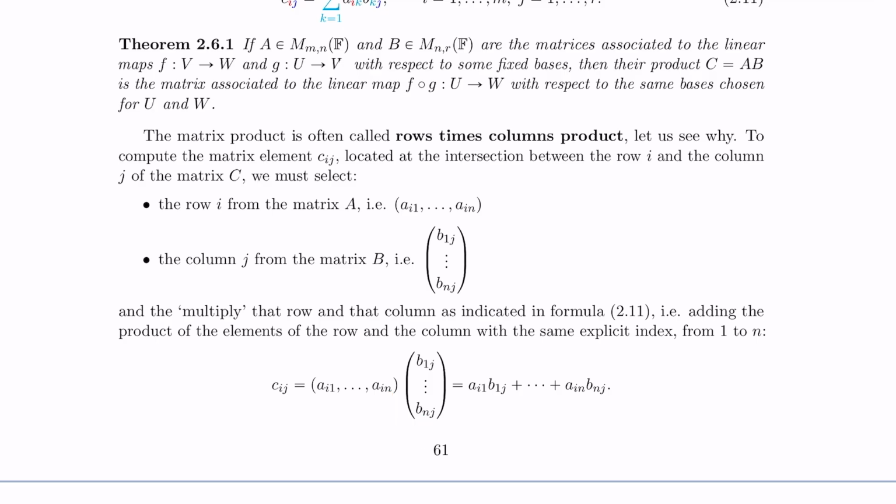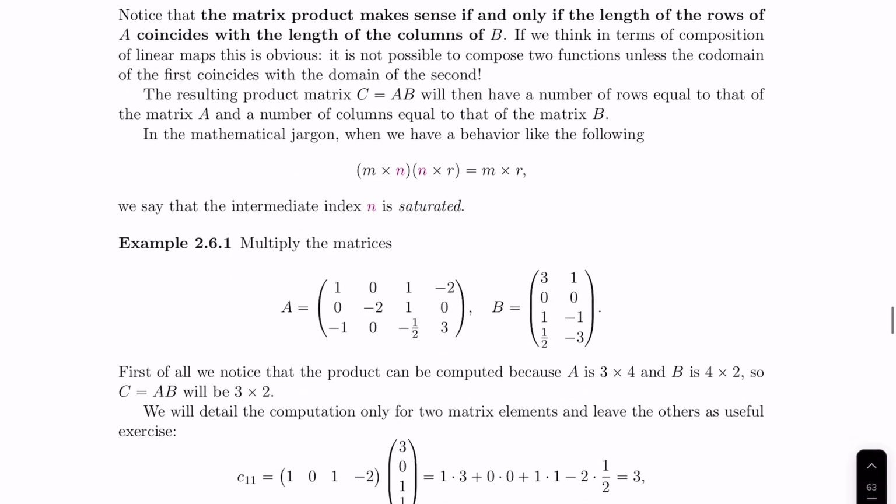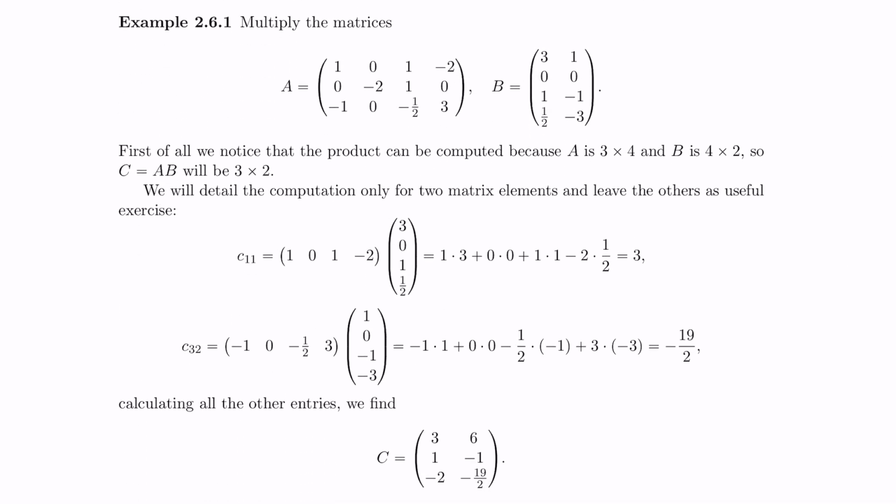Let's immediately see an example of how to apply this rows times columns product. If we want to multiply matrix A with matrix B in this example, we first have to check that the inner dimensions agree. So we see that matrix A has 3 rows and 4 columns. Instead, matrix B has 4 rows and 2 columns.